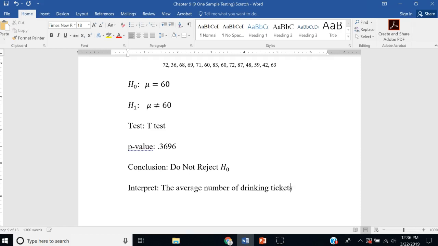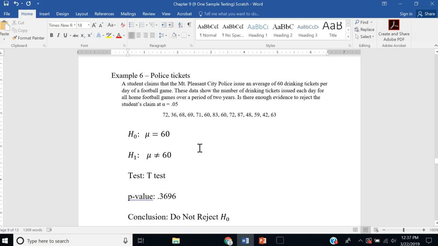Drinking tickets issued per... there we go. So the average number of drinking tickets issued each day for home football games is close to 60.